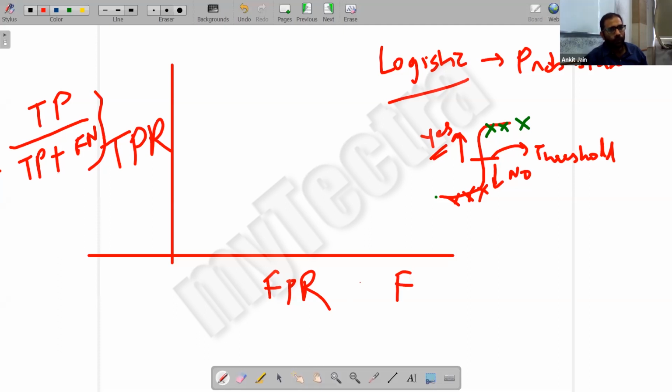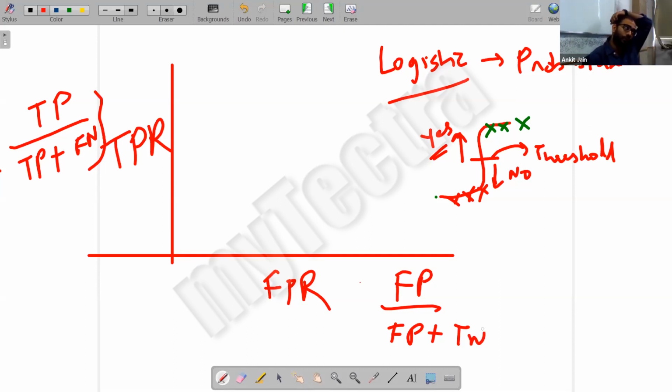Similarly, false positive rate will be FP upon FP plus true negative. You can look online. Why true negative?